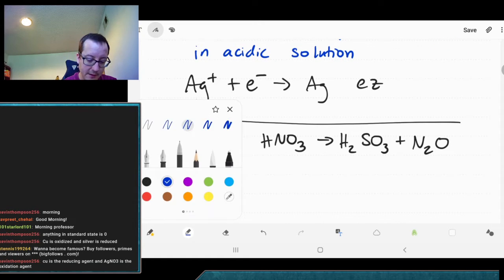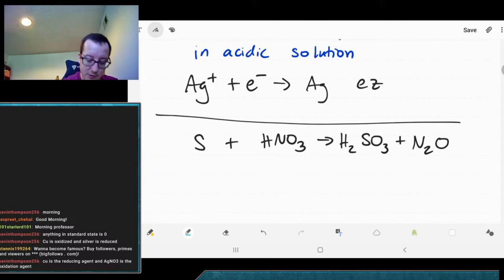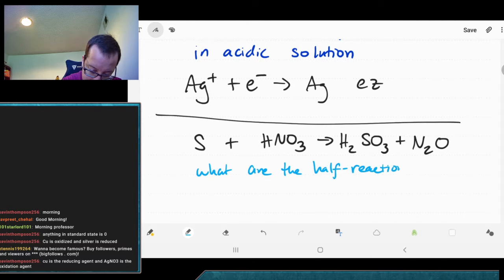If we can separate these into the half reactions, essentially we're looking at what's being oxidized and what's being reduced, right? So we're going to want to do our oxidation numbers for all of these things.